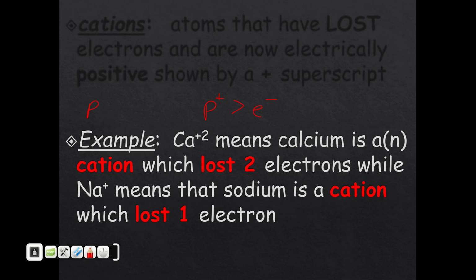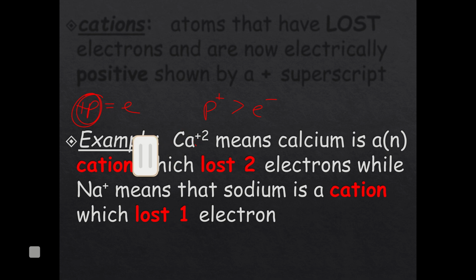Well, if they were initially equal to each other, I can't change the proton number. If I add protons, it won't be calcium any longer. So the only thing I can really mess with is the electrons. We only mess with electrons. Here, I'm going to draw more arrows to show that we only mess with electrons.